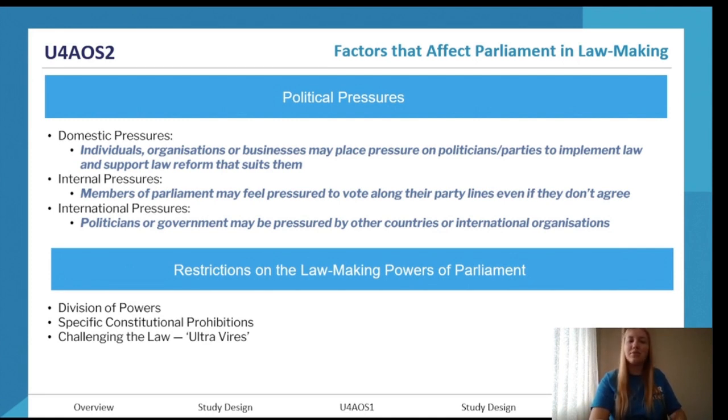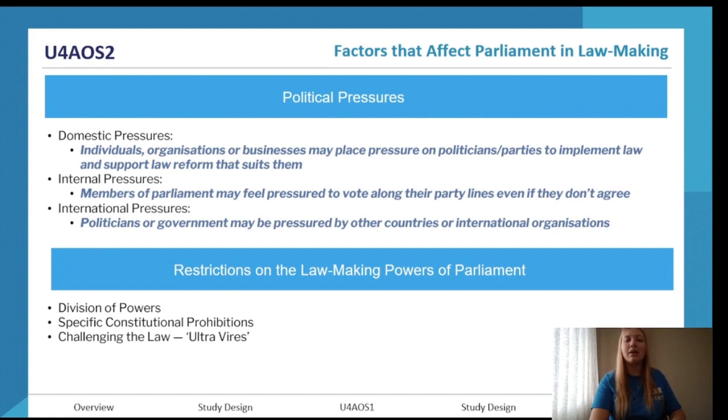Domestic pressures in Australia. So people like individuals, organizations, or businesses could be placing pressure on politicians or parties to implement law and support law reform that suits them. That is what they want, especially if they're large corporations that have a lot of money and a lot of power. This might be a significant amount of pressure.